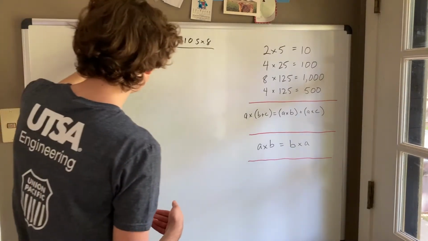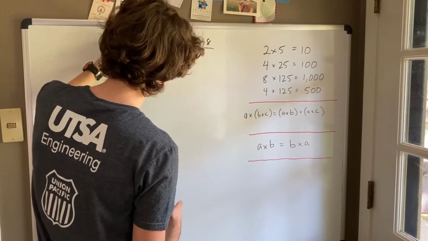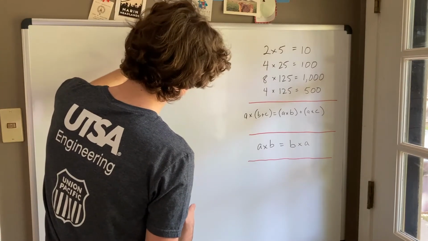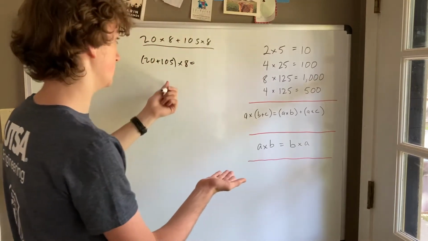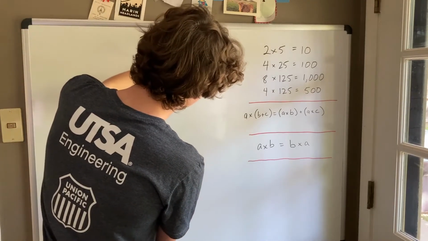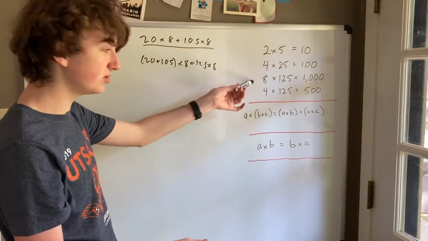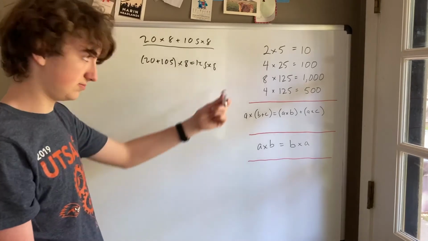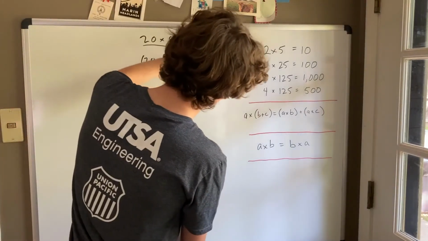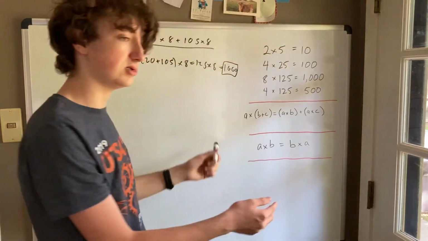So 20 plus 105 times 8 is the same as this problem, which is 125 times 8. And we already know what that is. It's 1,000.